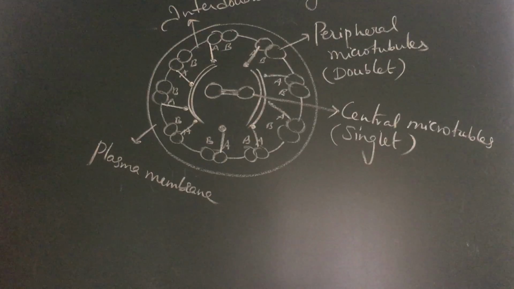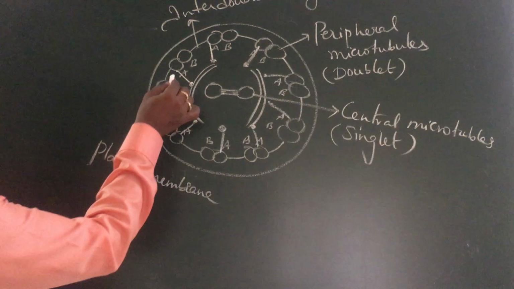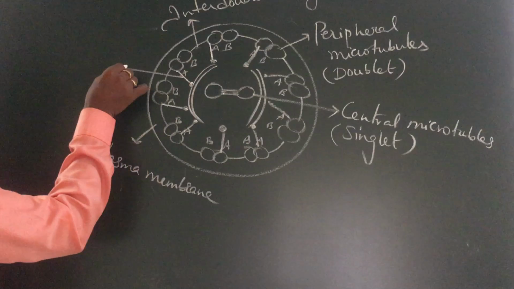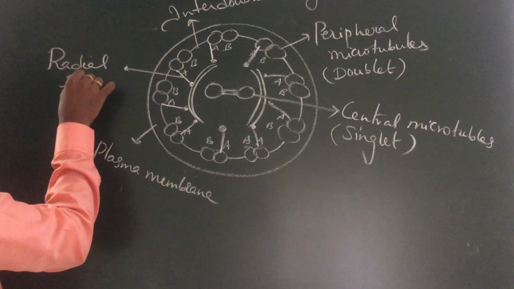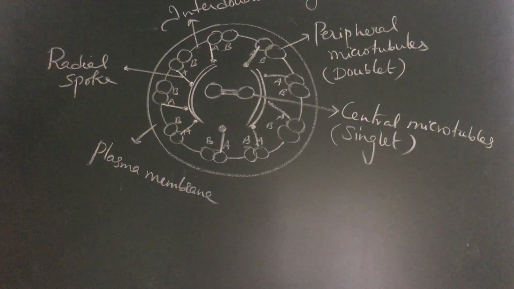Such attachments are called radial spokes. Okay.